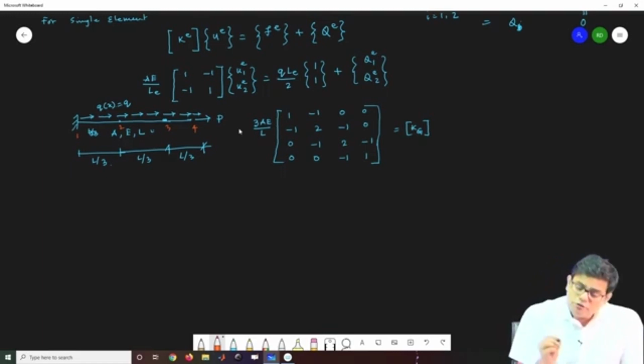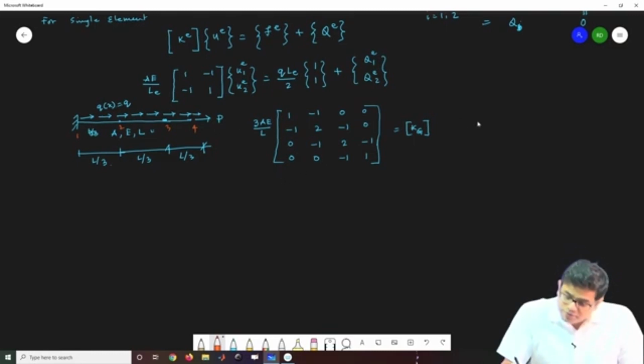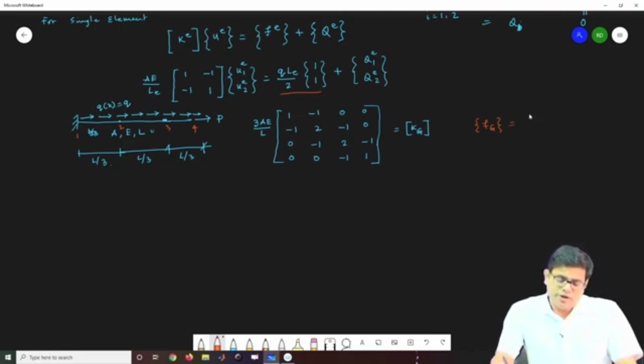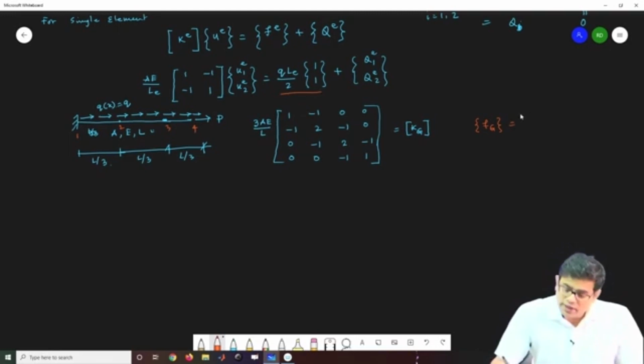Now the force vector, if I take that also, that is the global Fe, F global, this quantity. If I take L equals L by 3, then Q L by 6 times 1 2 2 1. So this is very simple.